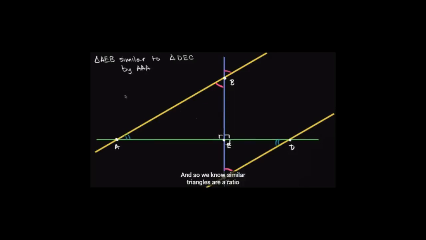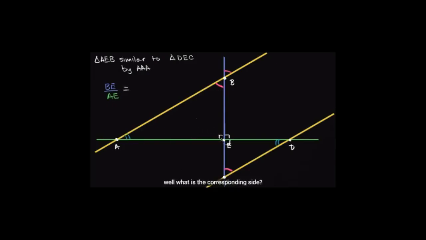And so we know for similar triangles, the ratio of corresponding sides are going to be the same. So we could say that the ratio of BE, this is this side right over here, to AE is going to be equal to that side over that side.